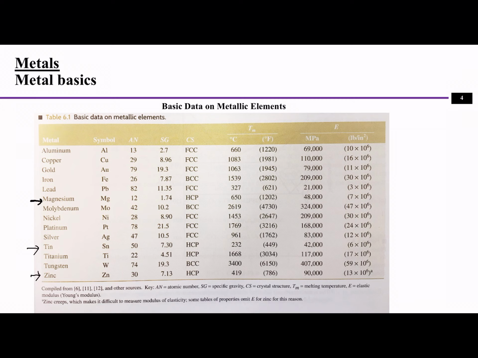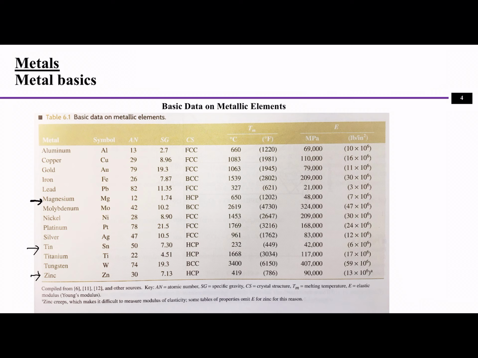So these are relatively light metals. The application of those can be lightweight applications, for example, aerospace or some other industries.